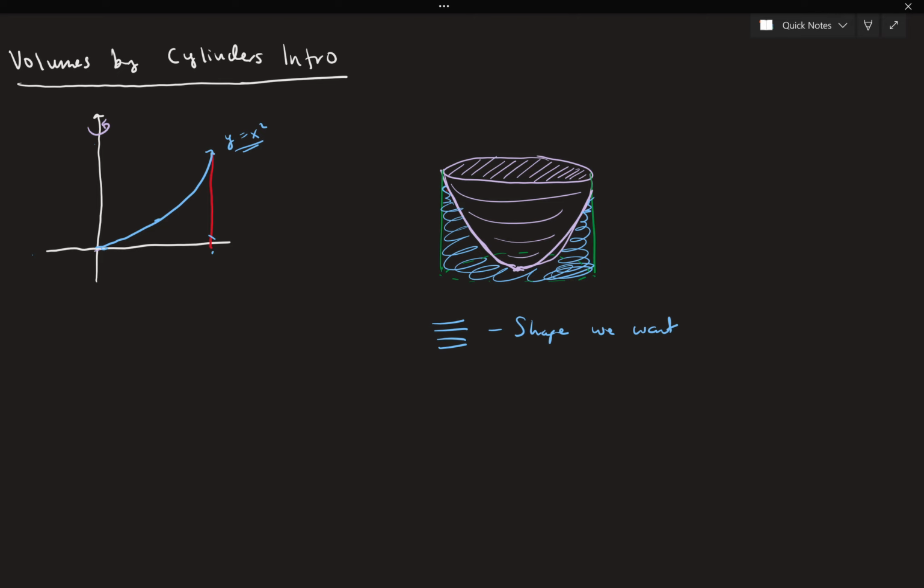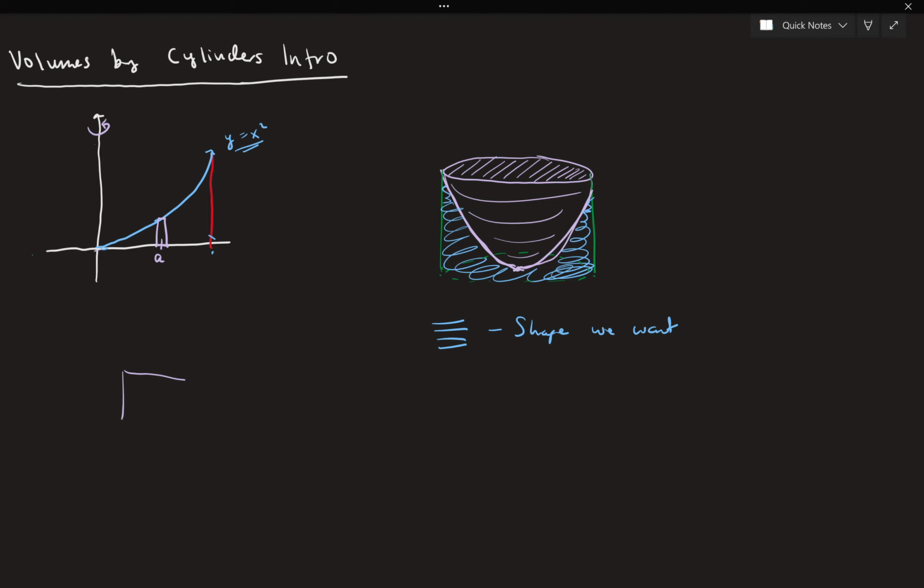The way that I want to think about this is breaking up at every point. Let's say this is an x value. I don't want to call it x. Some predetermined value, let's say a. If I draw up an infinitely thin rectangle at x equals a, what would that look like if I rotated that about the y-axis?